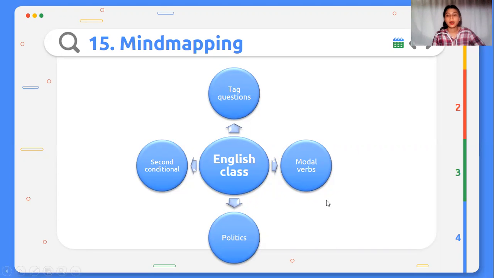The student has to make a mind map, as the name says, about topics that they have already seen before, and also about topics that they want, that they believe they will see in the future or in the next class.